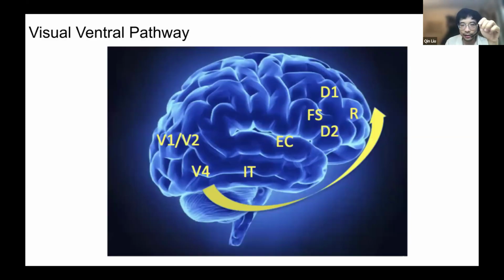And the connectivity I want to investigate is the ventral visual pathway from visual cortices, V1, V2, V4, all the way to prefrontal cortex. You don't need to remember all these names of brain regions. You just need to remember they are all involved in visual processing and working memory.